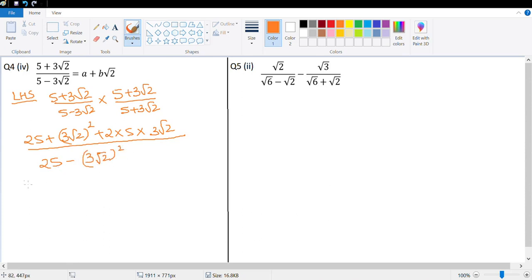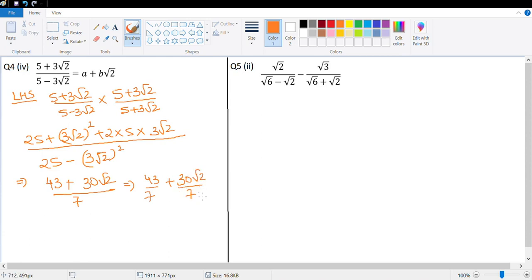Let's open it: 3 root 2 whole square is 9 into 2, 18. 18 plus 25, 43 plus 10 into 3, 30 root 2. And in the denominator, we have 25 minus 18, which is equal to 7. So I can write this as 43 upon 7 plus 30 root 2 upon 7.